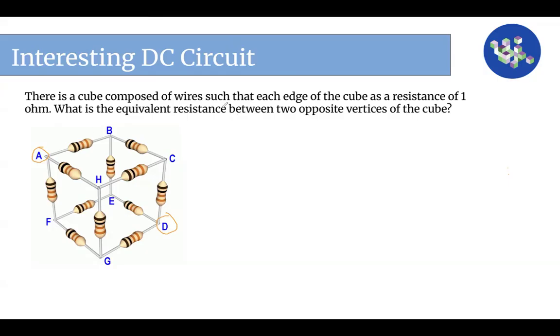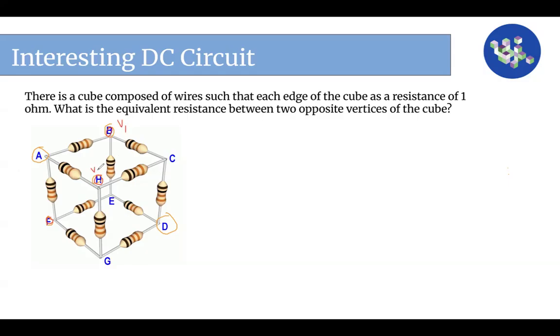This is a problem centered around symmetry. We notice that B, H, and F are symmetrical, because they're all one edge away from A and two edges from D. So by symmetry, they'll all have the same potential.